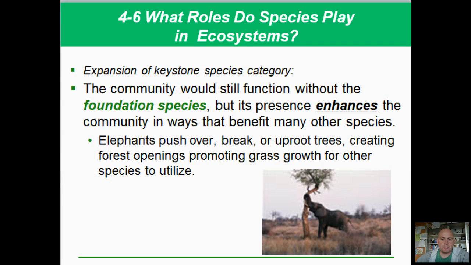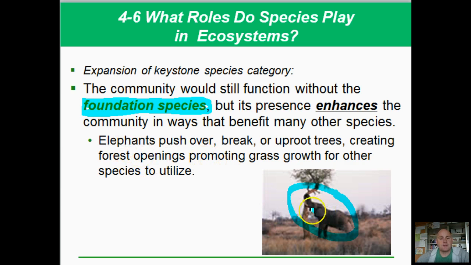Next are foundation species, which are a variation on the idea of a keystone species. A foundation species basically helps out the community. They enhance it, and they create benefits for lots of other things. Elephants are a good example of this. You wouldn't think they necessarily promote a lot of things from a vegetation point of view because they're just eating and tearing up stuff.